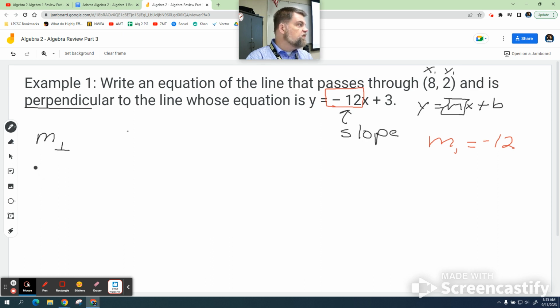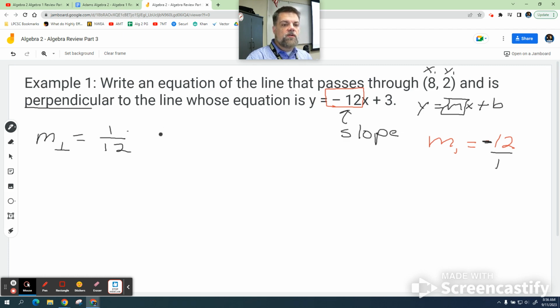You guys remember that from geometry? Would be the reciprocal of this, which is really 12 over 1, the reciprocal of that would be 1 over 12, and then it's the opposite. So this one is negative, so this one will be positive. So that's our new slope, 1 over 12, for the new line that is perpendicular to this.